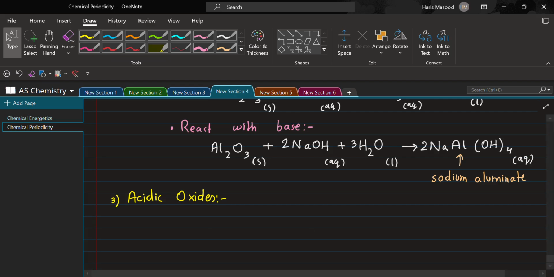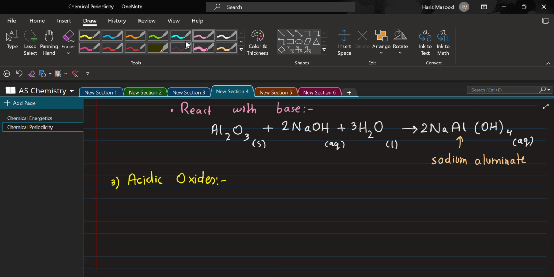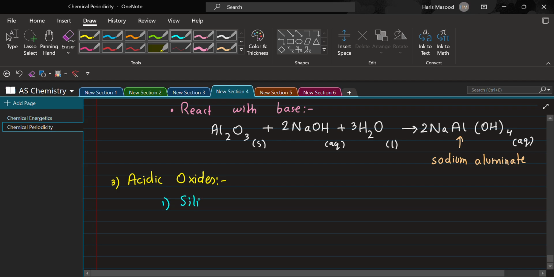For silicon, we have first silicon dioxide. Silicon dioxide is a weakly acidic oxide.